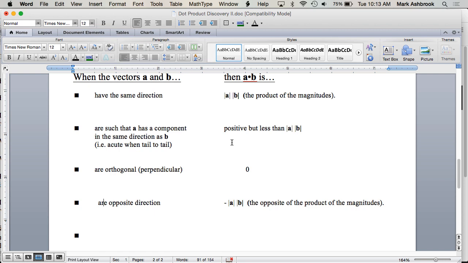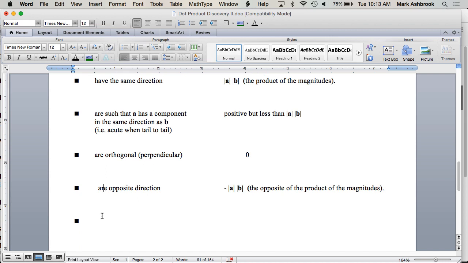That was like those second and third examples at the beginning. And then if you have an obtuse angle, so they're kind of pointing away from each other, it's going to be negative, but not as big as the product of the magnitudes.